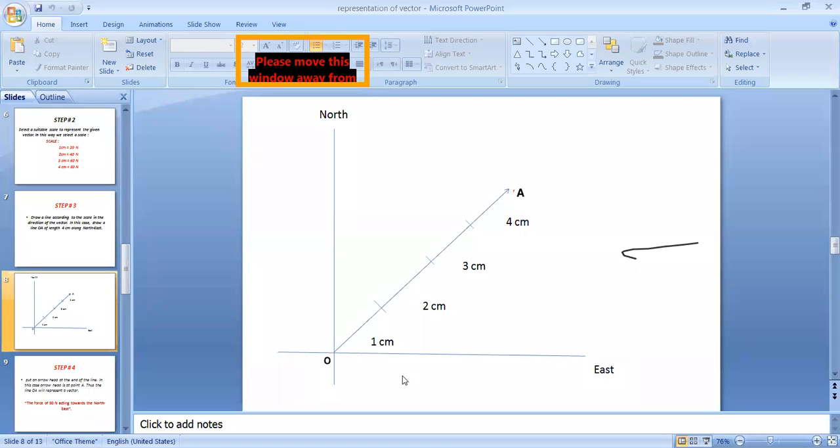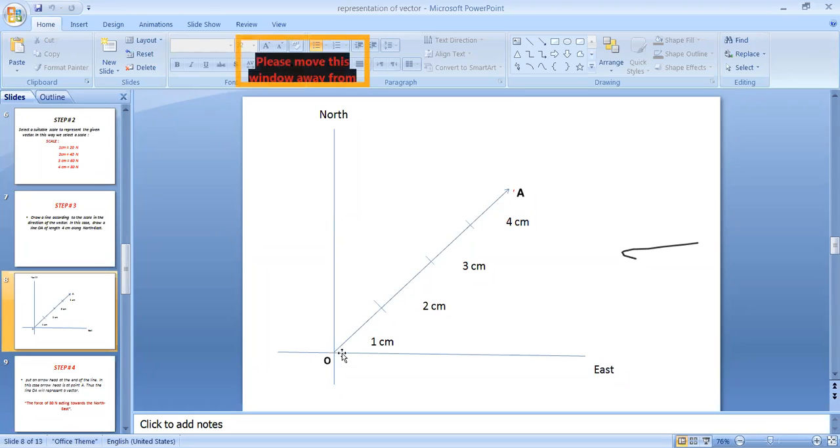So now take your scale and put it at the O point. It is the alphabet O, not the number.